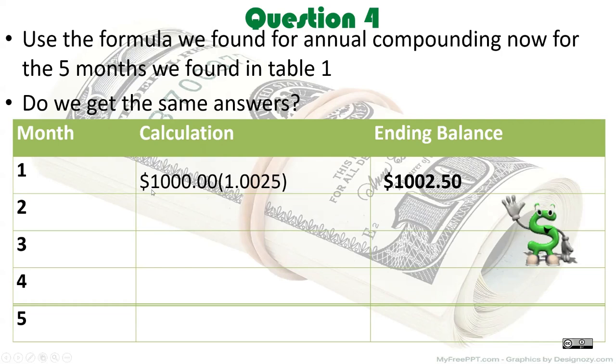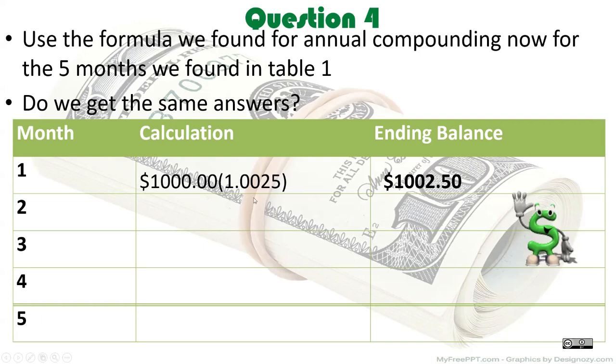So we have $1,000, that's our principal, and we found in question number 2 that the monthly APR was 0.25% or 0.0025. So that would be 1 plus 0.0025.